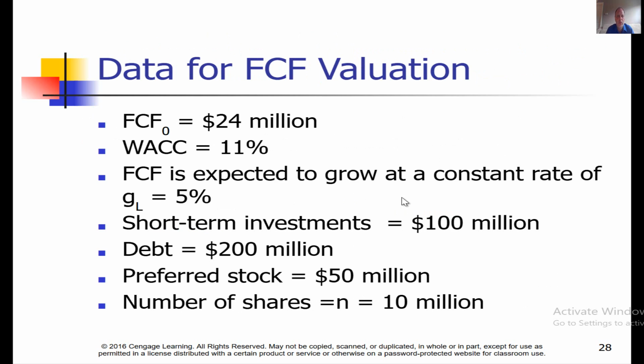As an example, consider a company with free cash flow 0 of $24 million, a WACC of 11%, and the free cash flow is expected to grow at a constant rate of 5% forever. They currently have some short-term securities of $100 million, and they owe $200 million. They also have preferred stock of $50 million, and the number of common stock shares outstanding is 10 million.